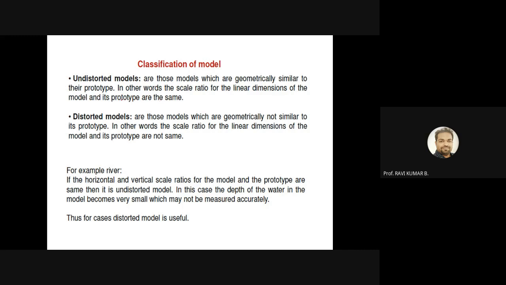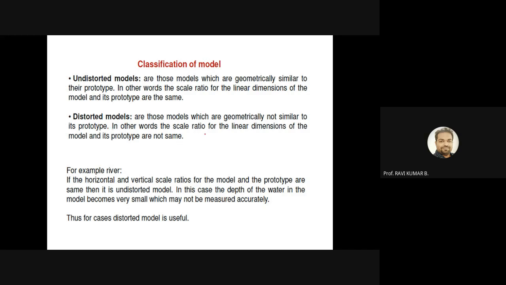But in some cases, when we are designing the model, it is not possible to use the same scale in two different directions. In one direction the distance will be lesser than in the other direction, and those kinds of models are called distorted models. Distorted models are those which are not geometrically similar to their prototype.